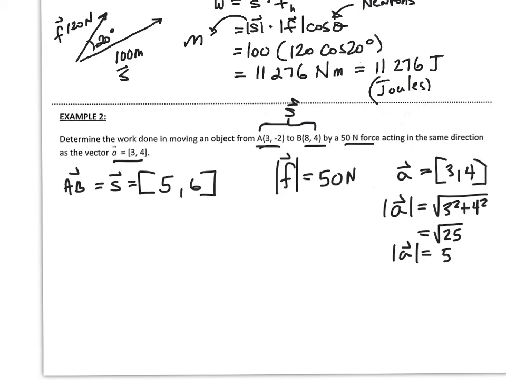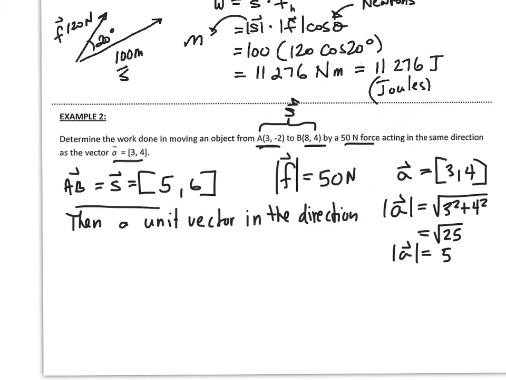Okay? So a unit vector then, so to get a unit vector in the direction of 3, 4, and we'll just close this part off here, just like this for right now.